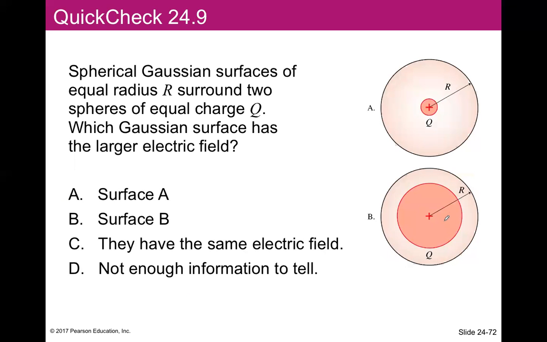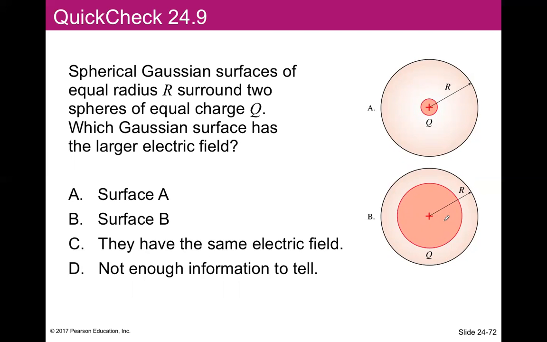Which one do you think is right? Okay, let's see.